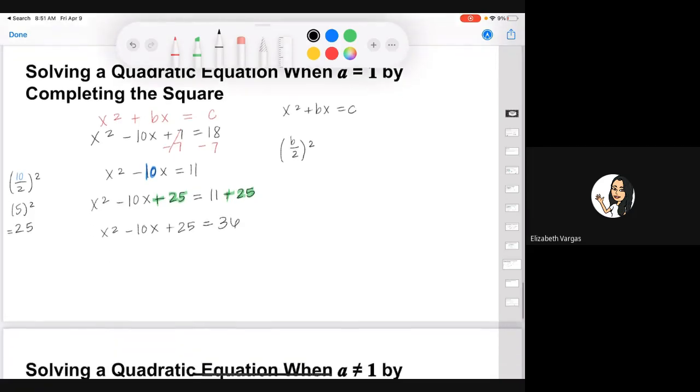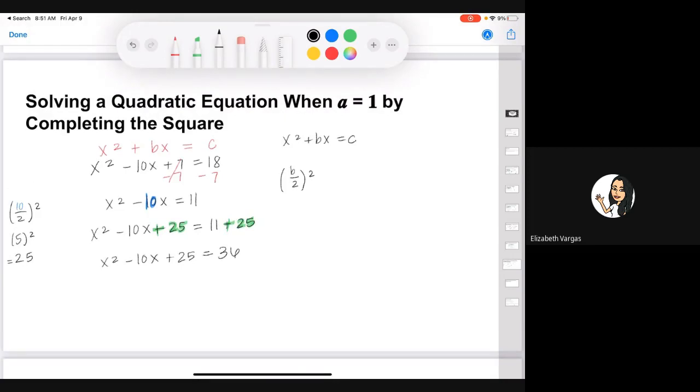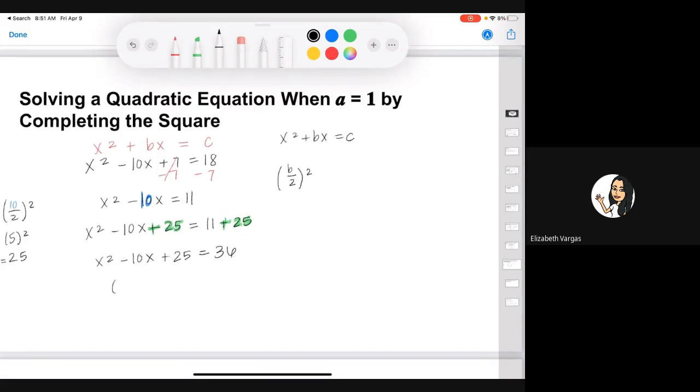Okay? Now what I have is an equation that gives me a completed square or a perfect square. And in this instance, it is (x minus 5) squared equals 36. How do I know it's x minus 5? Well, here I have a minus sign, and here I have a plus sign.